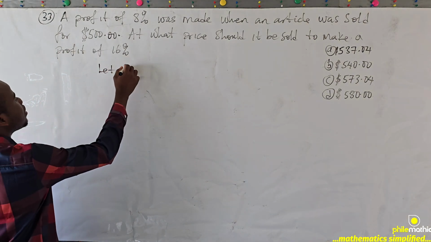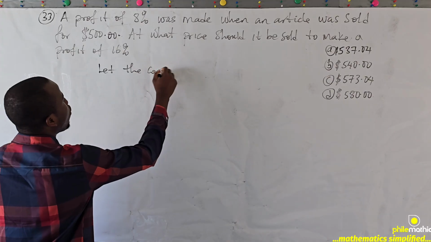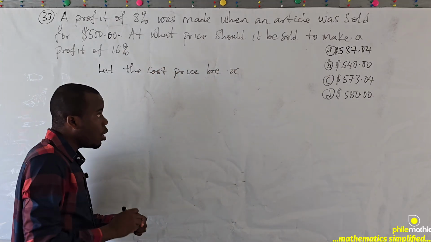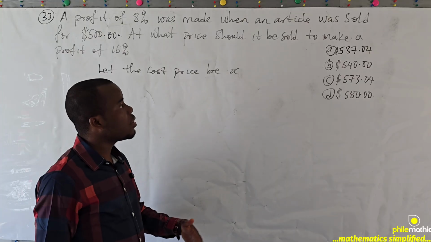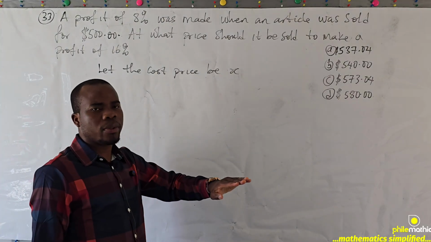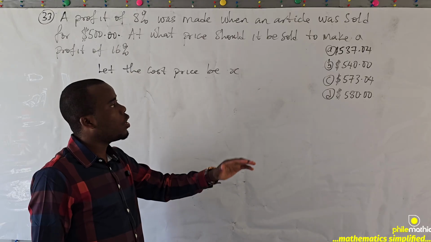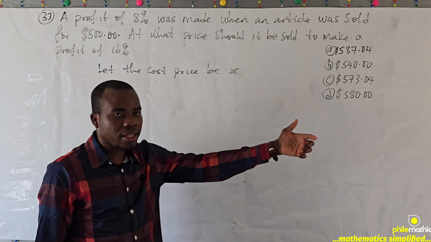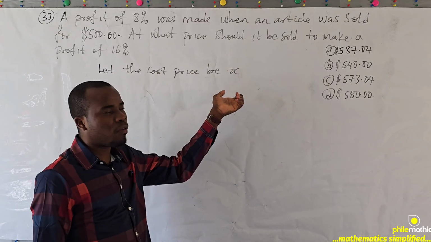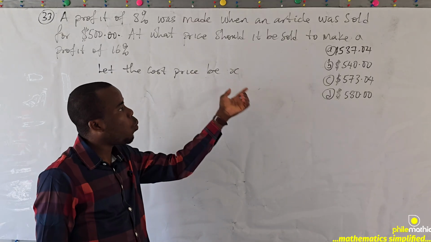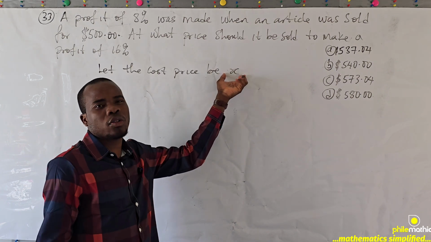So let the cost price be X. One thing about percentage is we view the cost price as 100%. So if you want to get a selling price and you made a profit of 10%, the selling price is simply 110% of your cost price.